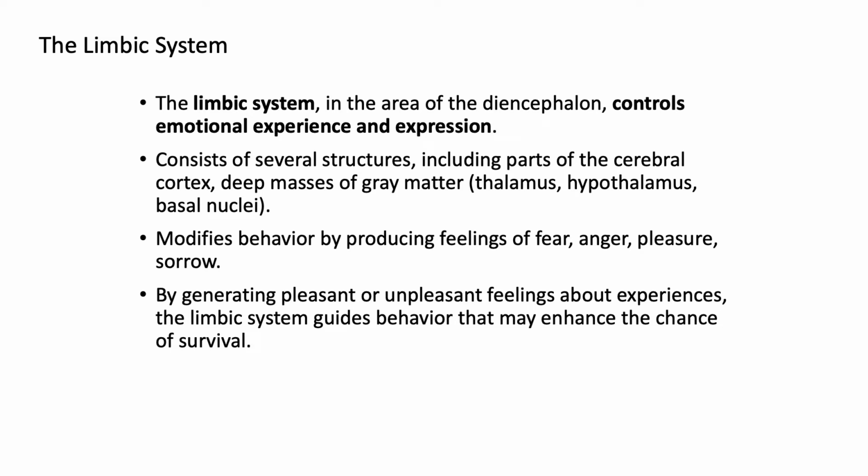For example, touching a burning spot as a kid, the limbic system helps the kid to not touch that again in the future. There are several structures which make up the limbic system, and it's quite spread apart in different parts of the brain. It includes both gray matter and white matter.